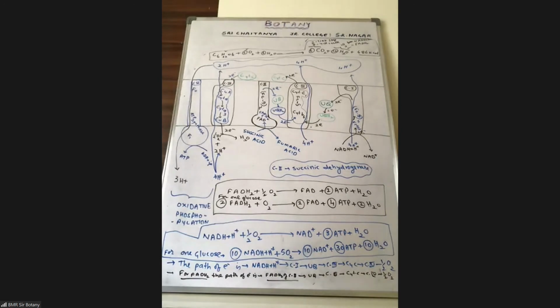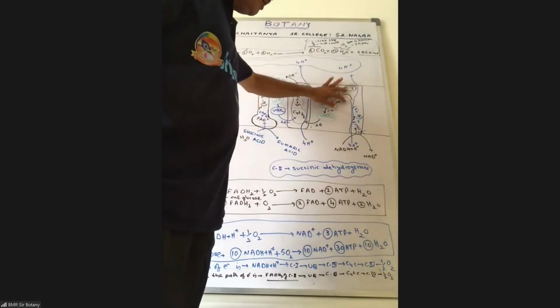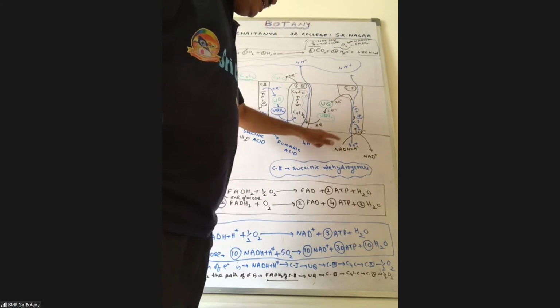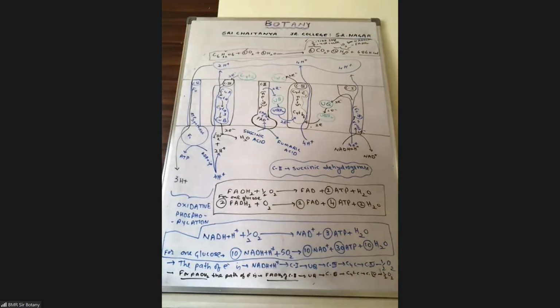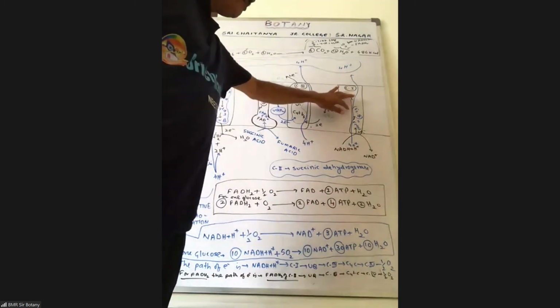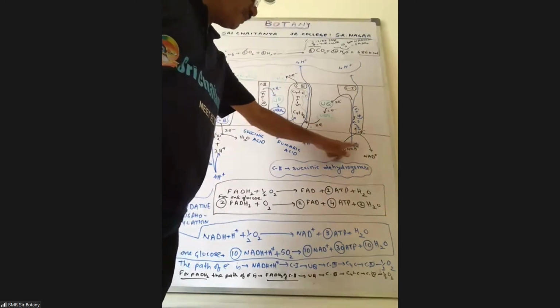Now, done all of it, Nana? Yes, sir. Purely from a terminology point of view, if I call complex 1 as NADH oxidase, am I right? Yes, Nana, because it is this which caused oxidation of NADH.